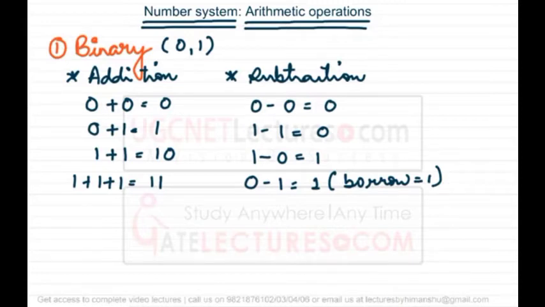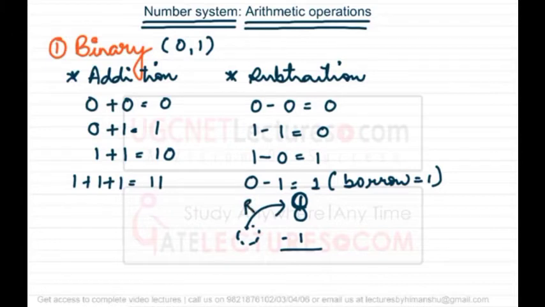See, this is something like this. You had to subtract 1 from 0, which was not possible. So maybe from somewhere here were a few numbers. I borrowed. I got a 1 here. So this 1 would be read as 2 since it is coming from a bit from the right.